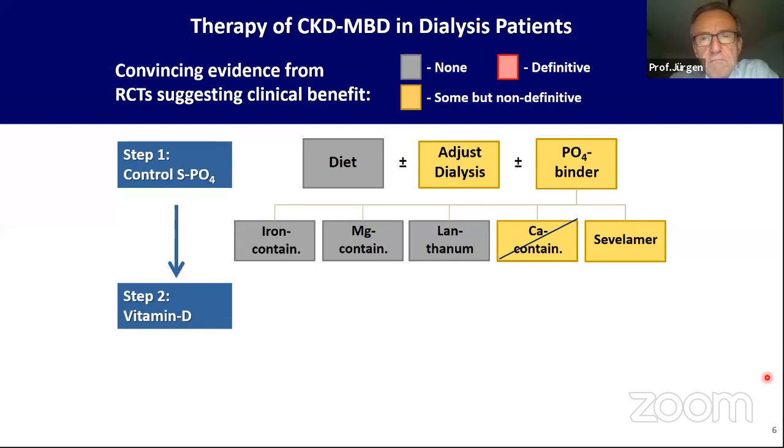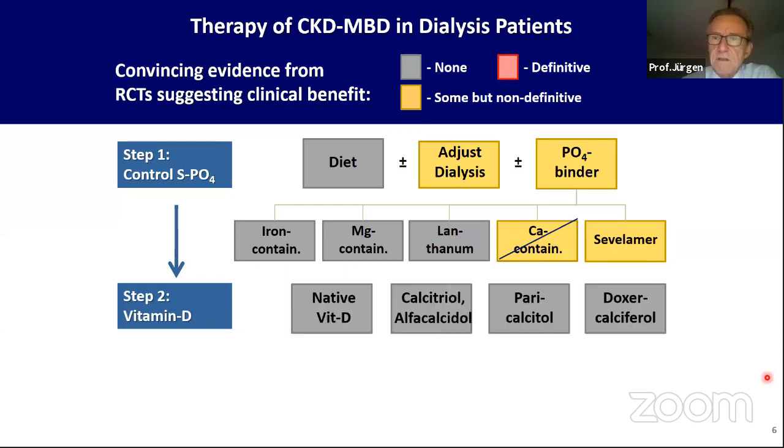Step number 2 usually is vitamin D. Now here's the evidence that vitamin D is something beneficial. It's zero. It is absolutely zero. There has never been a study showing that calcitriol, alfacalcidol, paricalcitol improve clinical outcomes.